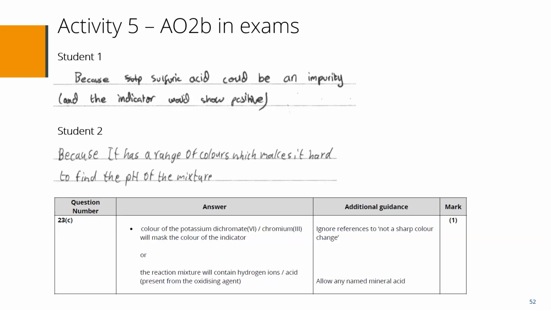How many marks are you going to give for student 1? I'm going to give a mark for student 1, and I'm going to give a mark for student 2. Additional guidance says allow any named mineral acid, so 1 mark.